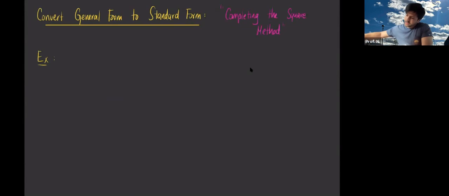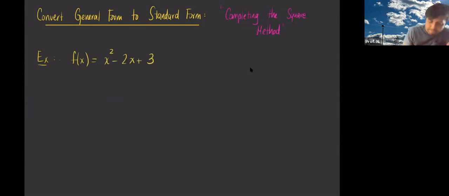Let me see if I can find one that's good. Yeah, okay. So let's say I give you a function like this. f of x is equal to x squared minus 2x plus 3. Now, this is in what form?